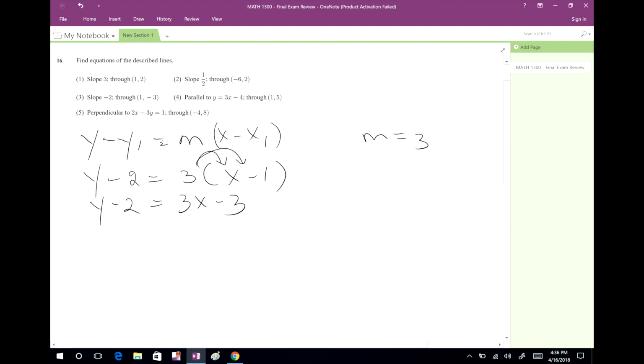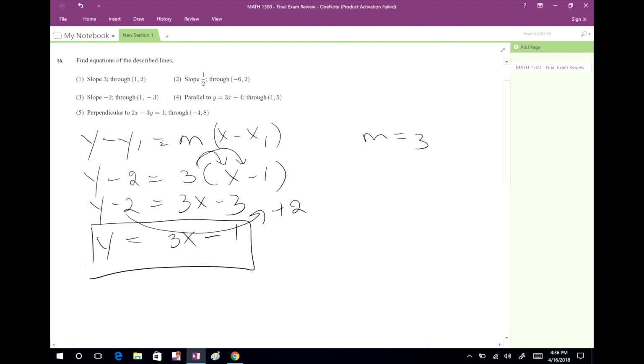Now I can go ahead and move the 2 to the other side of the equation. It becomes plus. So I get y equals 3x minus 3, and then we have plus 2. I get a negative 1. So this is the equation of a line for this problem 1.